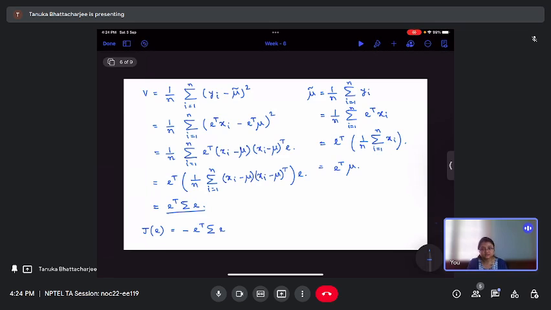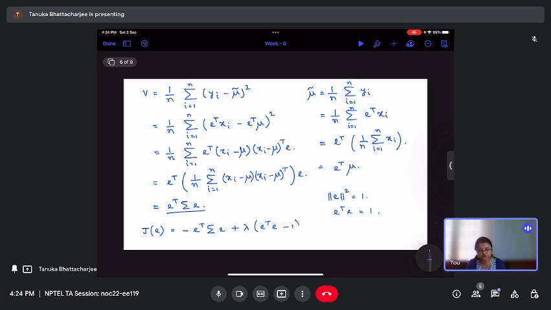Not only this, along with this you have the constraint that your E is a unit vector, so it is unit norm. So your constraint is norm of E square should be equal to 1, or E transpose E should be equal to 1. You add that constraint using a Lagrange multiplier lambda.